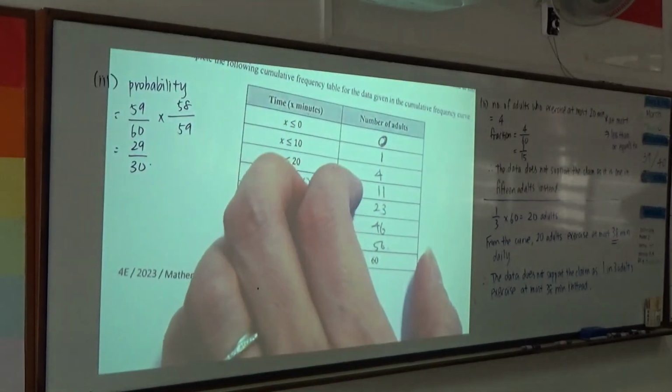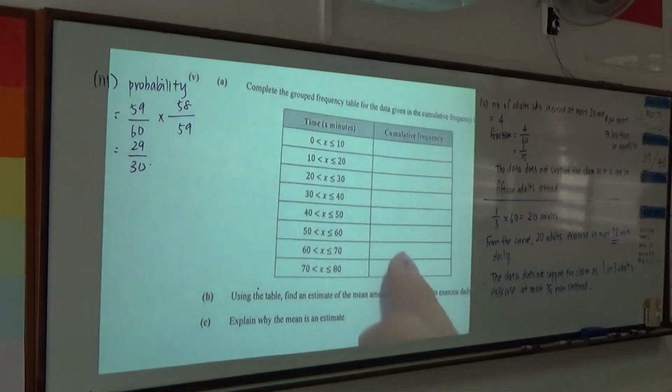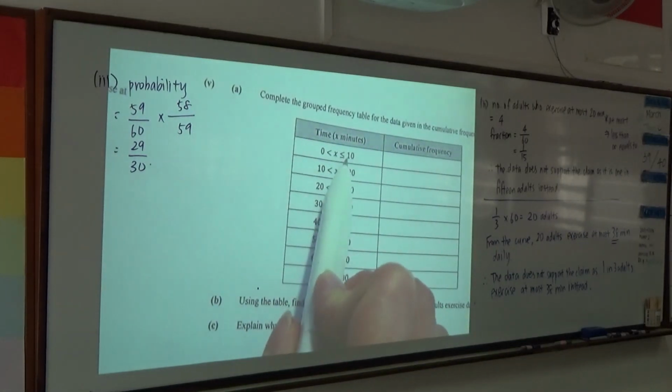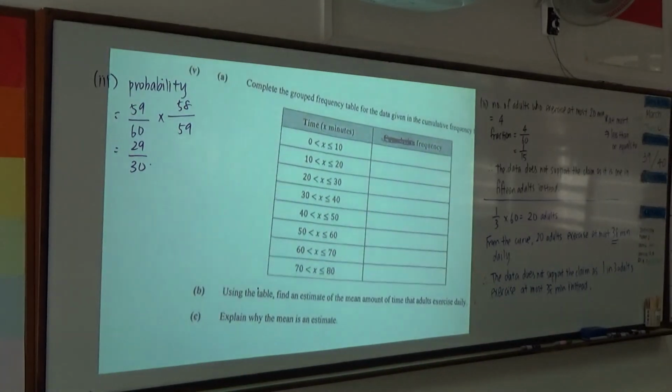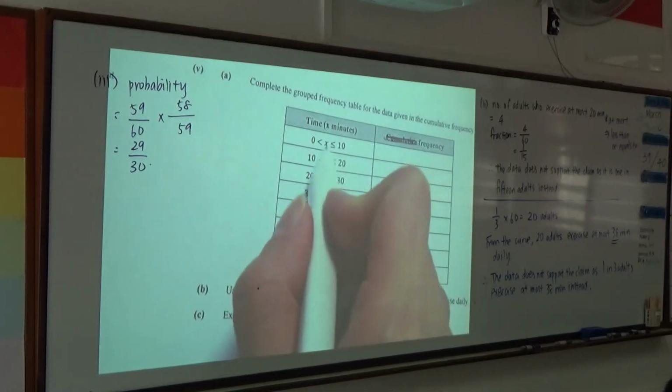Then from this cumulative frequency table, moving on to the frequency table itself. Sorry, I typed wrongly here. It shouldn't have the word cumulative, so the header should just be frequency.